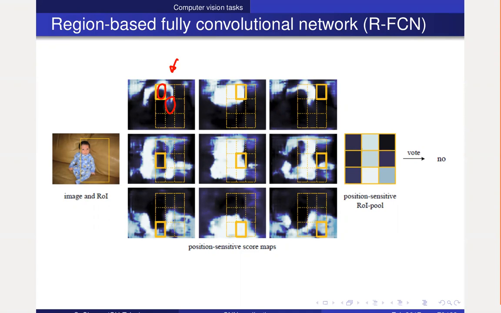So therefore you have a smaller activation, and when you add them all together, you have a worse activation. Therefore it is able to detect that the baby is not here, but the baby is here in the previous slide.